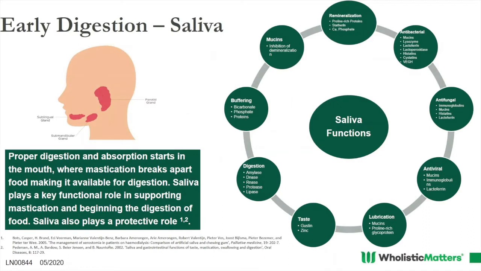For early digestion, you have the saliva and salivary enzymes that are really important for many different functions and required for proper digestion and absorption. Once again, this is where you see food initially broken apart. The functional role of saliva includes all sorts of antimicrobial, antifungal, antiviral actions, as well as being a lubricator.